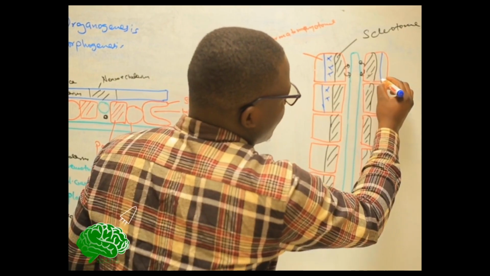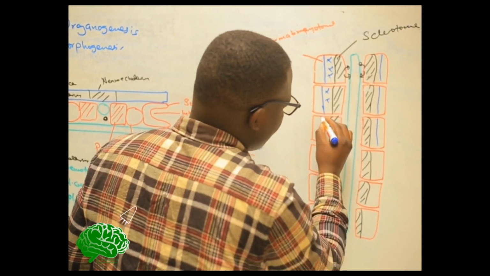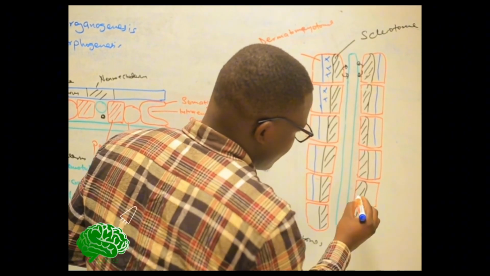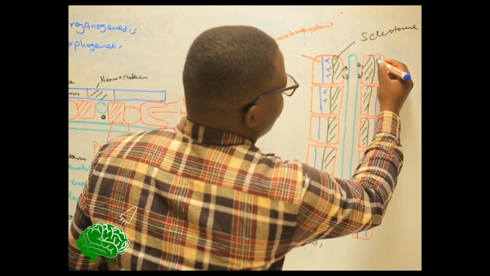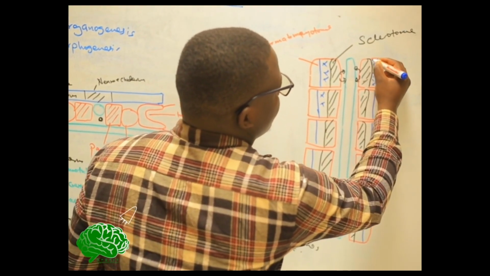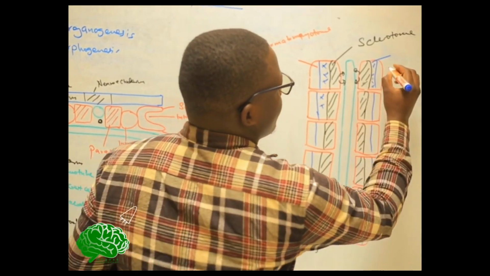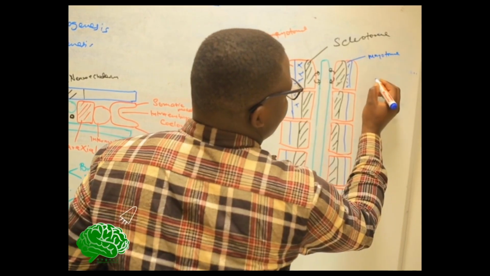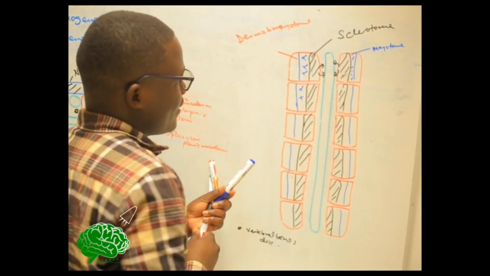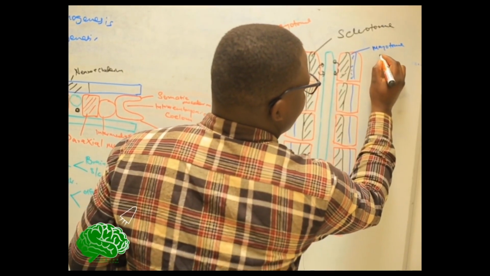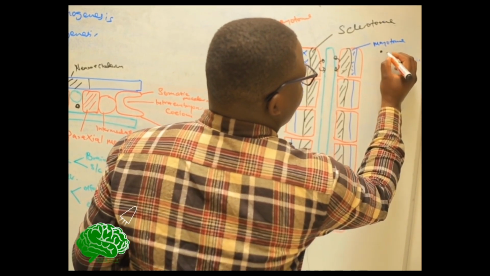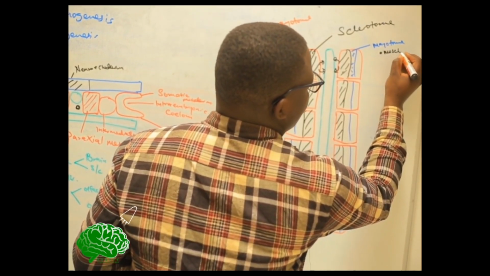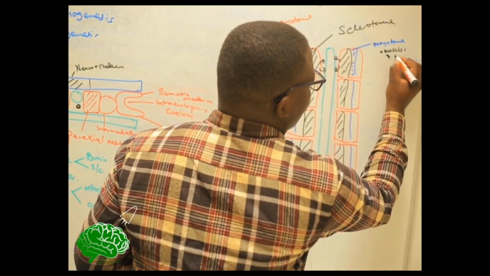This side also divides. Now, this other portion in the middle is termed myotome. And then this myotome gives rise to the muscles of the trunk.